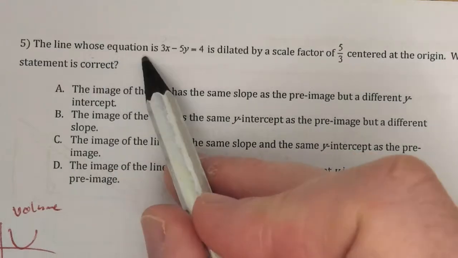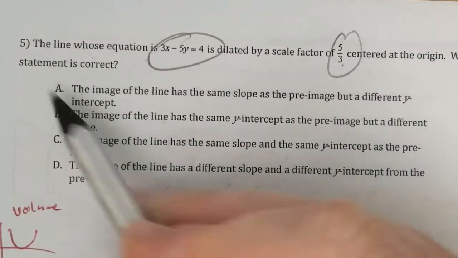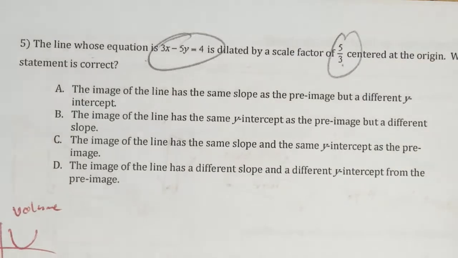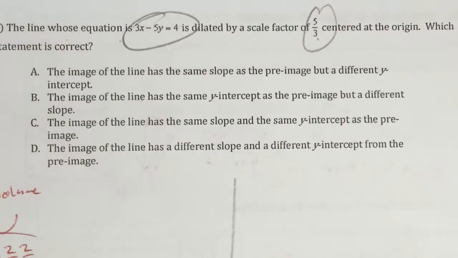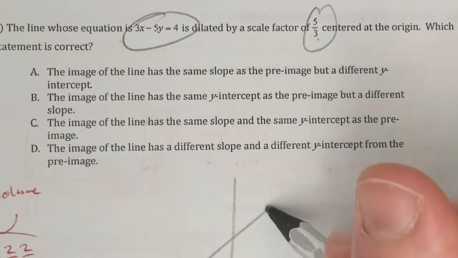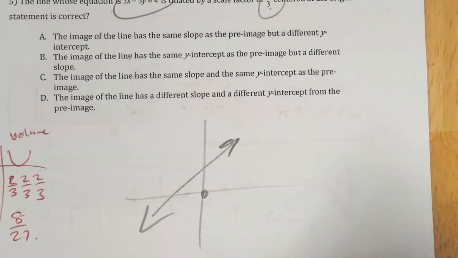Okay. Number 5. The line whose equation is this is dilated with this scale factor. What is correct? Okay, now so this is a line, right? I have no idea what, but I'm just going to draw something. This is not the line, but let's just say if I blew this up around the origin.